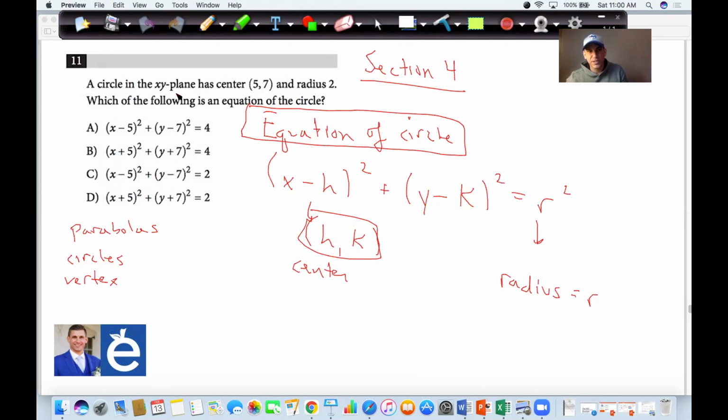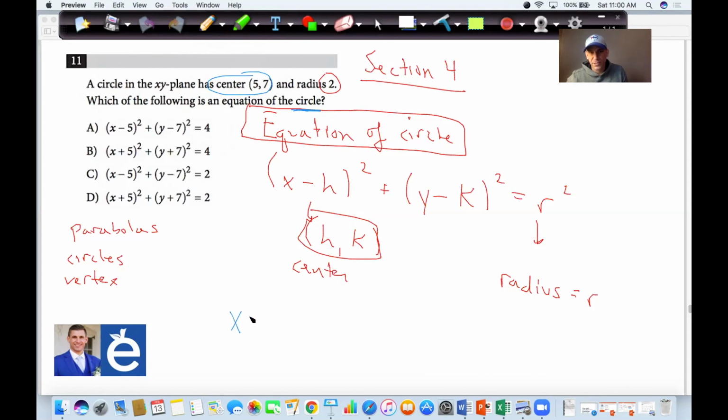All right, so let's break down this question, and we'll do harder problems; we'll elevate up. So here we have a circle in the xy-plane that has a center of (5, 7) and a radius of 2. And here's my center. It asks, which of the following is an equation of the circle? Well, in this instance, they're giving me everything I need. I simply want to plug in.